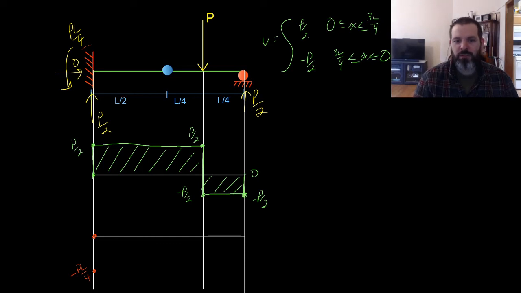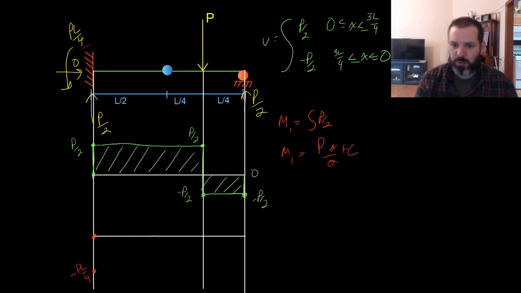So for our first piece of our moment equation, because we're going to have two, we can say that M1 is going to equal the integral of P over 2. We know that M1 will equal Px over 2 plus C. Px over 2 is just that P over 2 becoming the slope of the line.